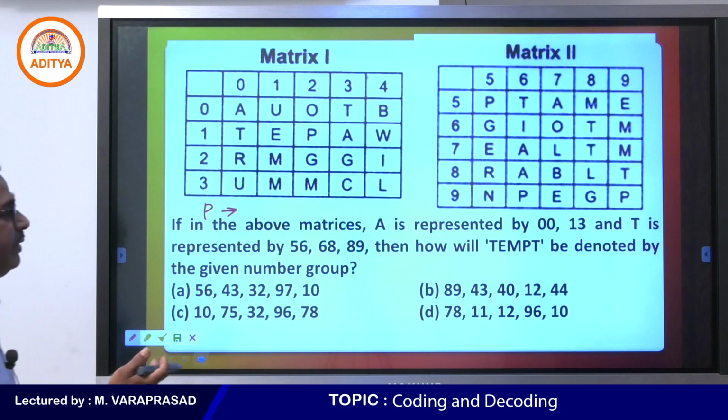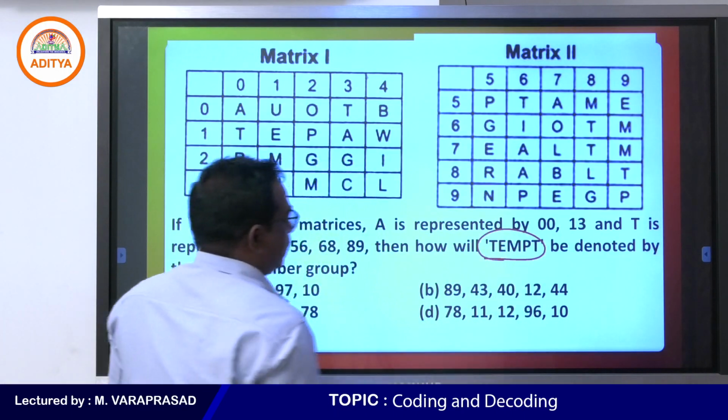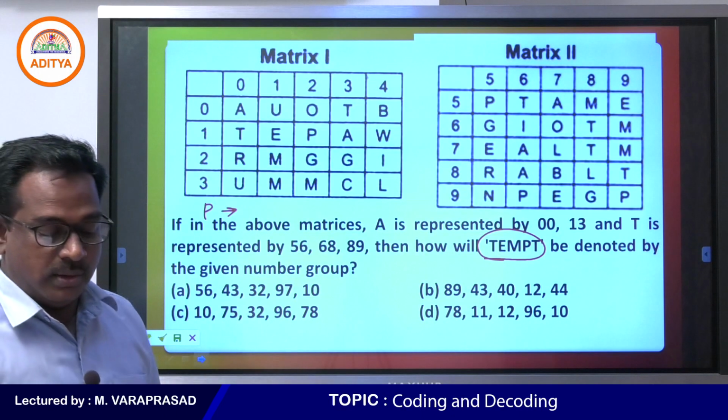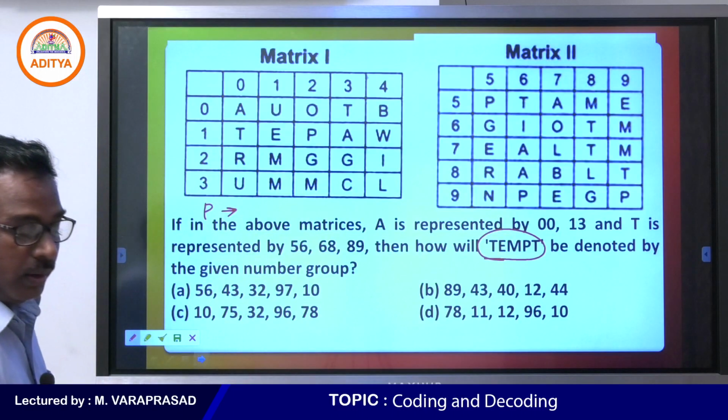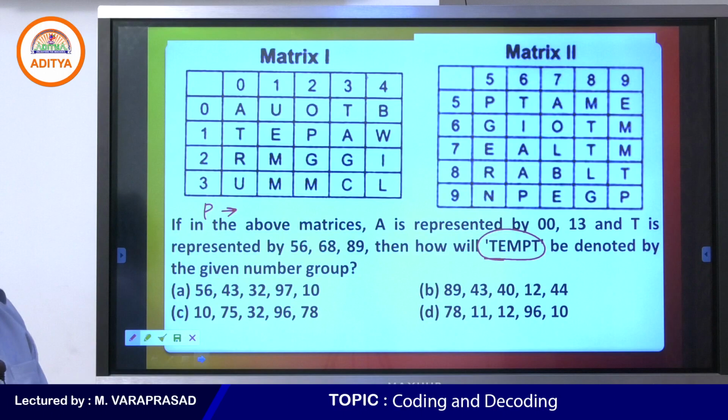Like that, if you take every letter in this TEMPT, you will get one mixed group, right? What is the answer now? Yes, my students. By coding all the letters in TEMPT, you get one combined answer.